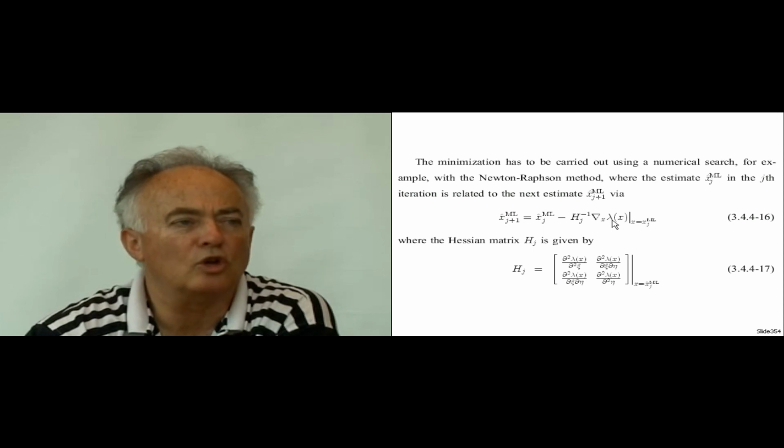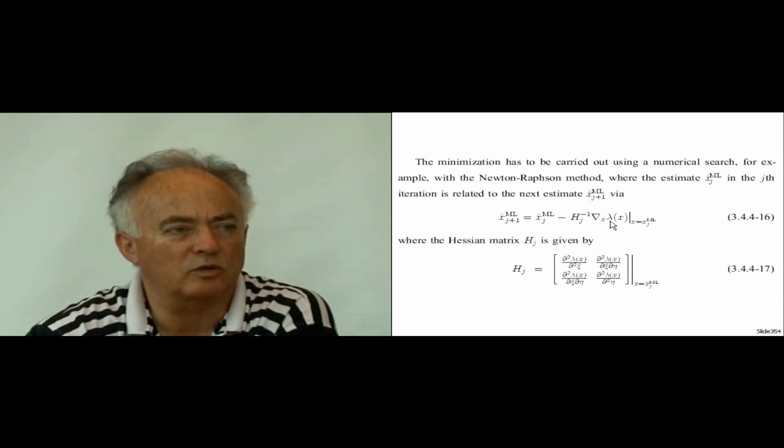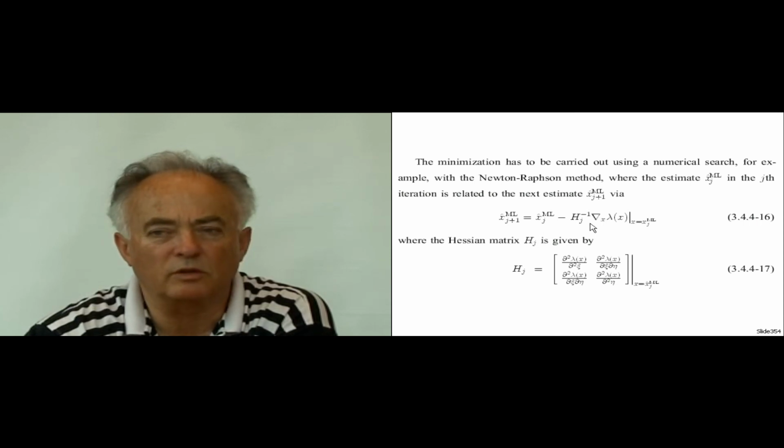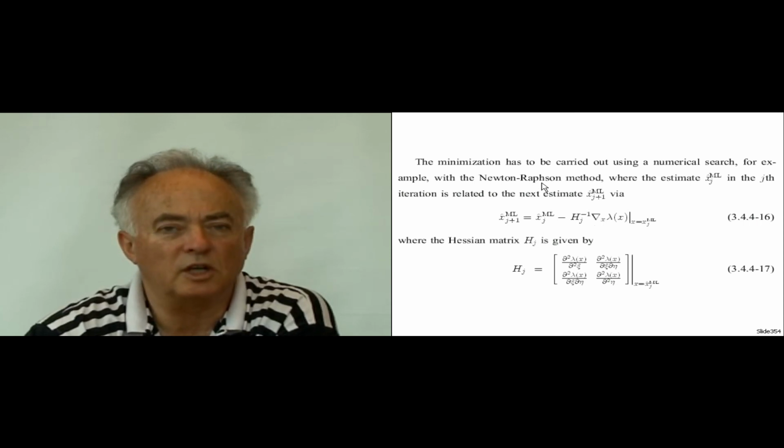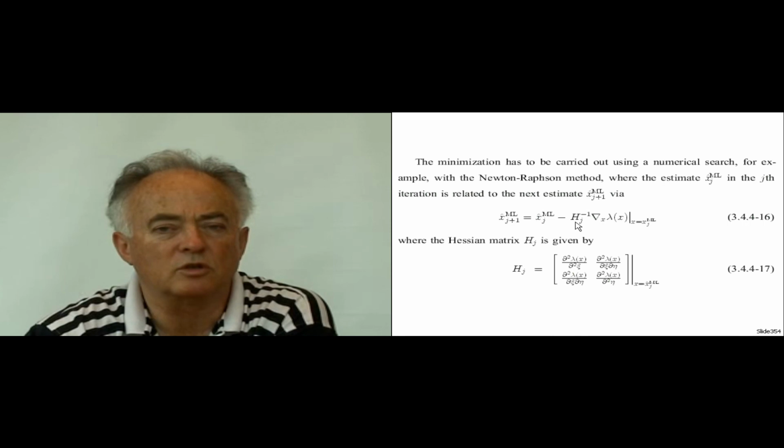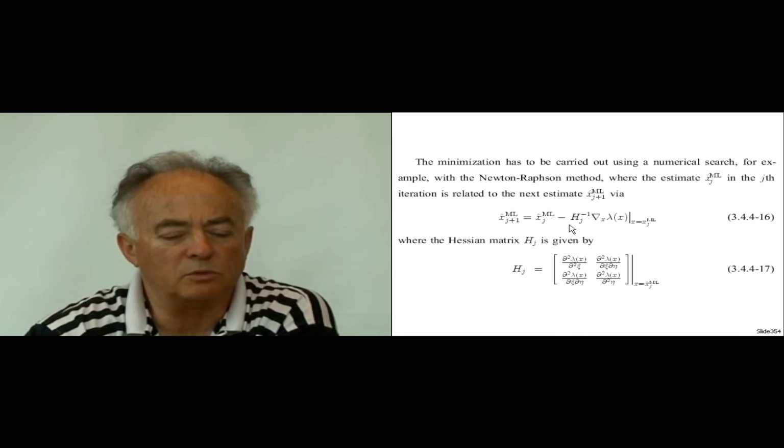This is really the gradient of the negative log likelihood function. So this is another numerical technique, the Newton-Raphson method, that will carry out a numerical search for the extremum of a function.